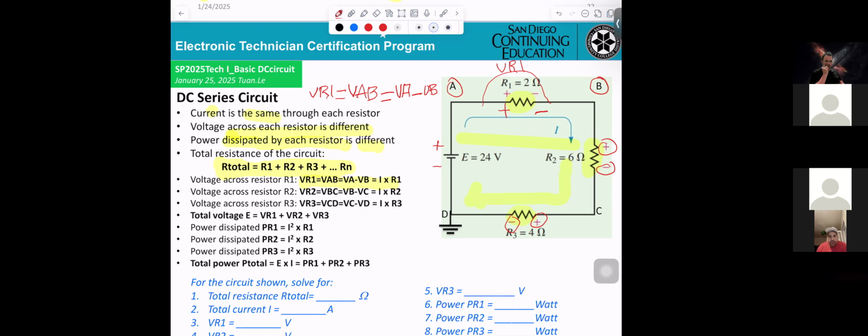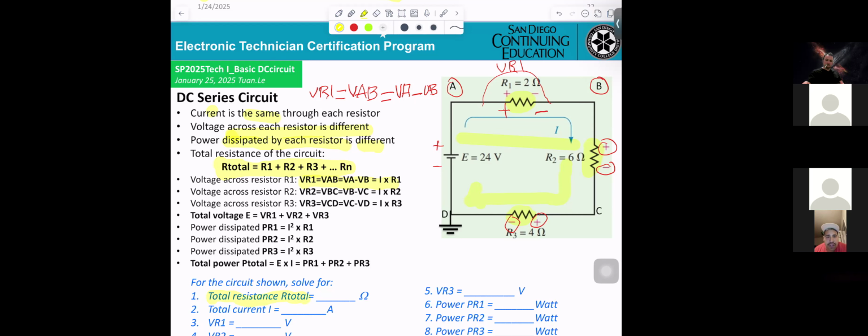And for this circuitry, they want the total. That's easy, right? You add them up.